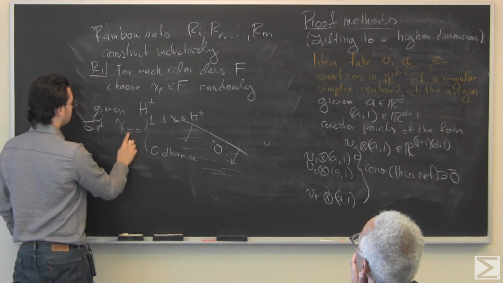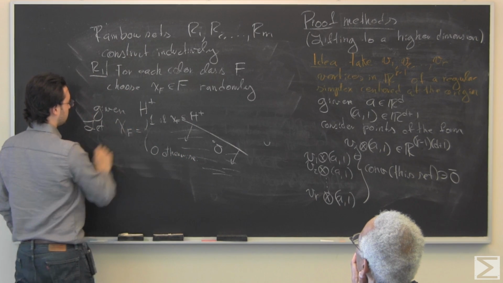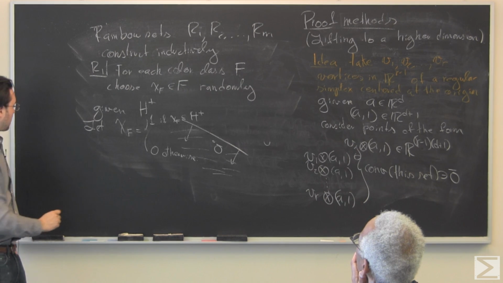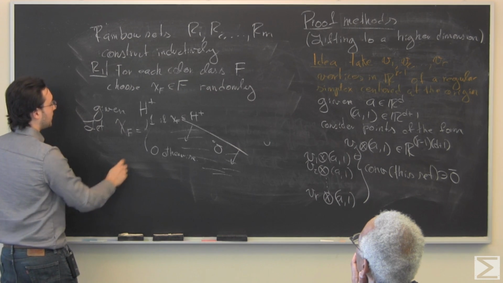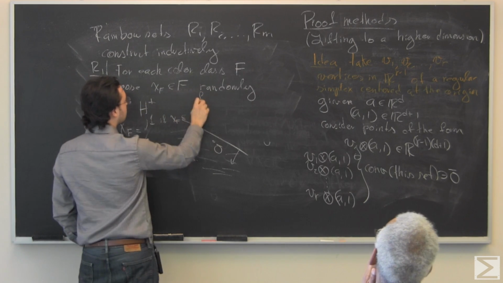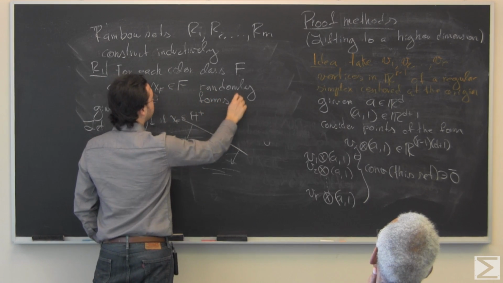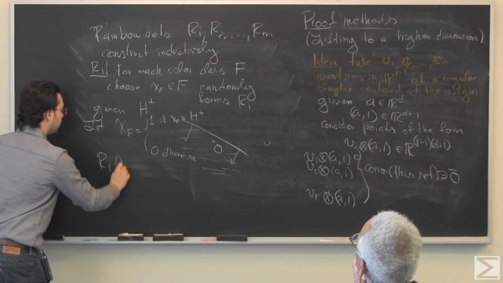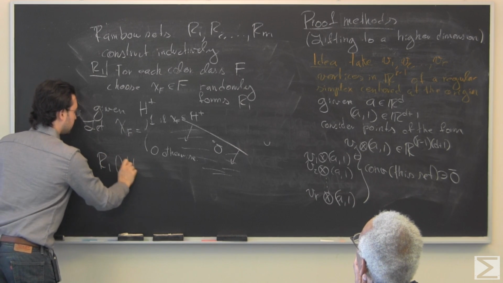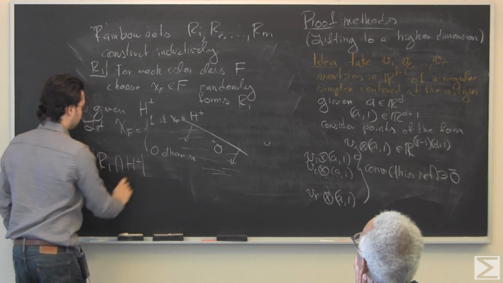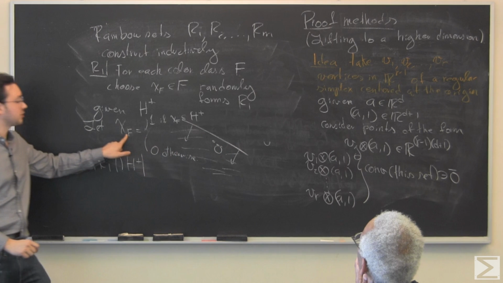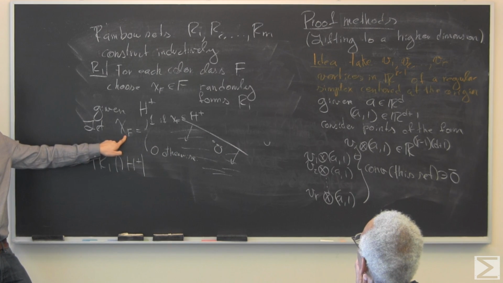I do this for each color class, and this initially forms R1. So the number of points I have from R1 in H is just the sum of these variables over all color classes, right?